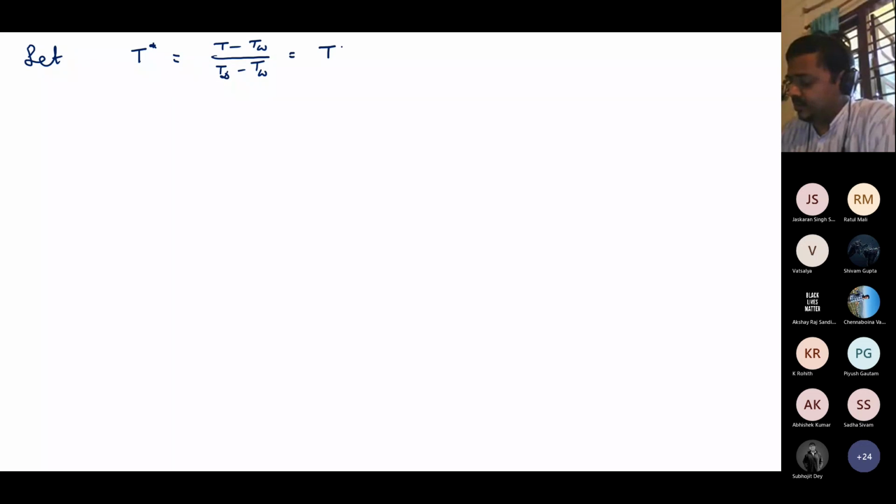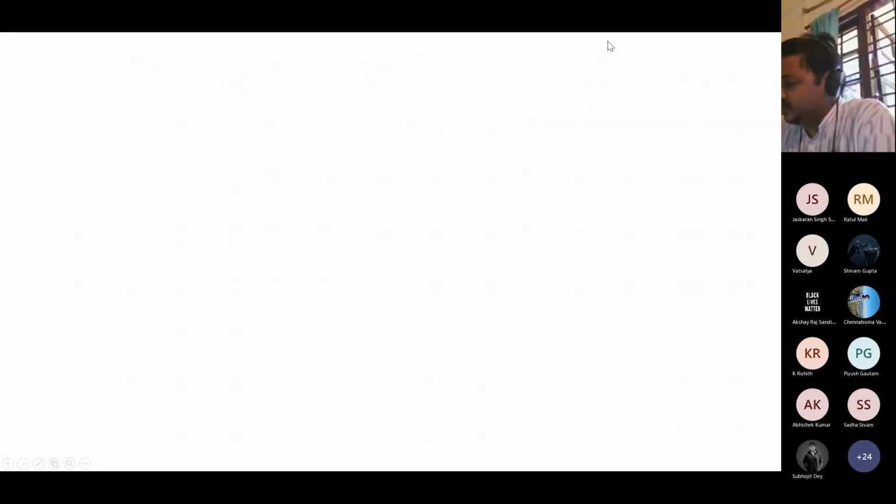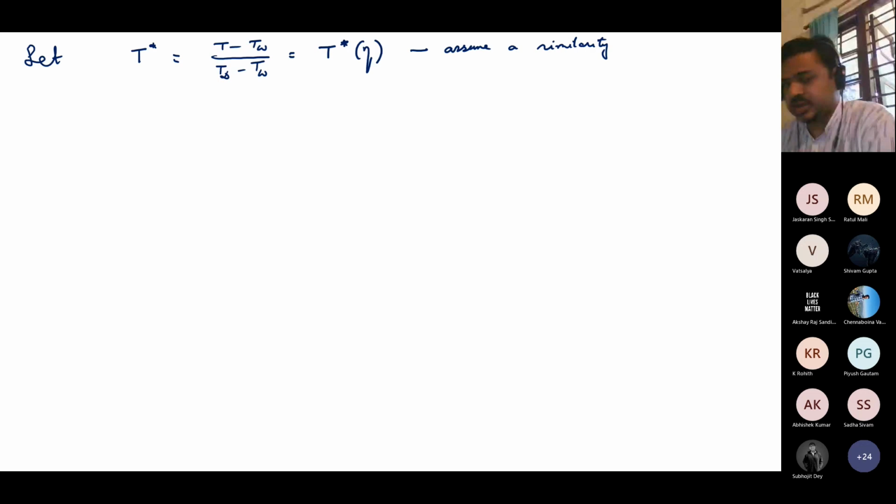And again, this is what people have done. So we are assuming a similarity solution. Assuming as in somebody else assumed and showed it to be correct. That's why I'm assuming. Okay, I am not that smart. Assume a similarity solution.